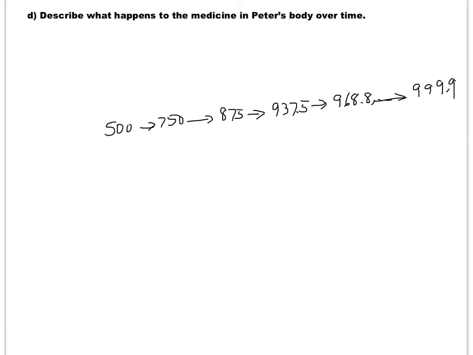This means that after each amount of medicine which is taken, which is 500, the one which is left in the body increases until it reaches a point that it's equal to about 1000 milligram of medicine.